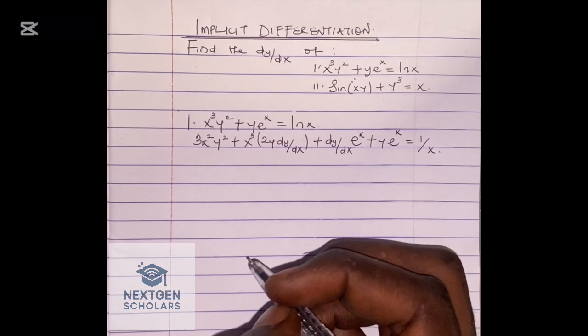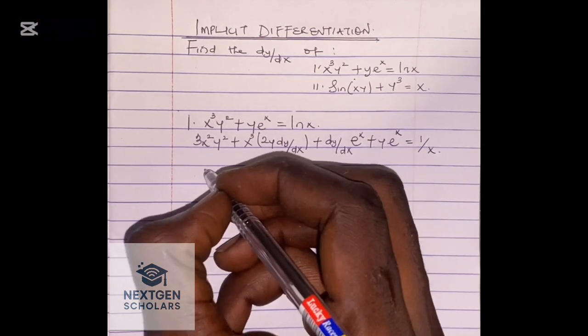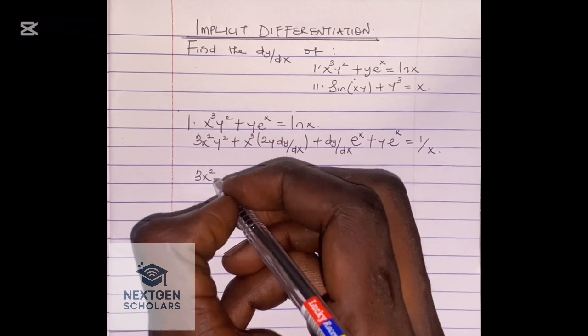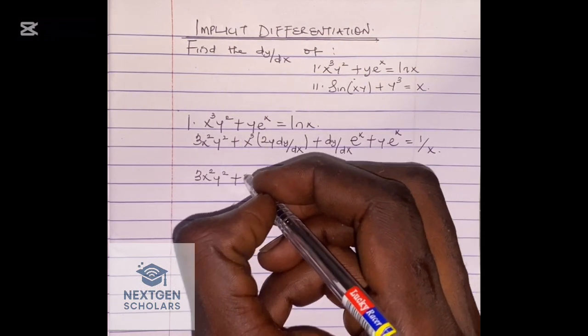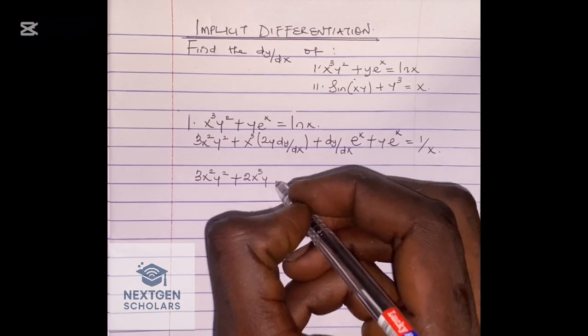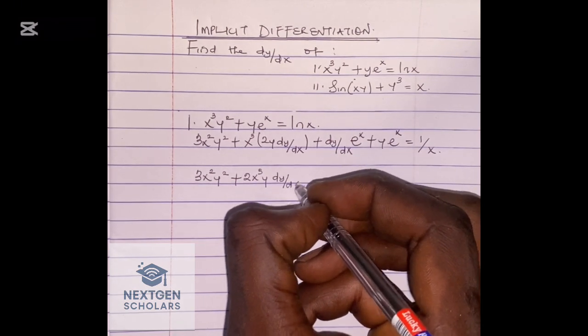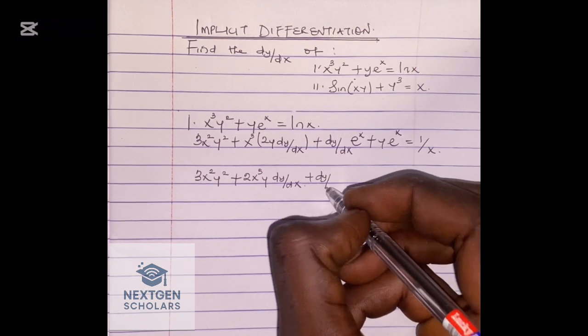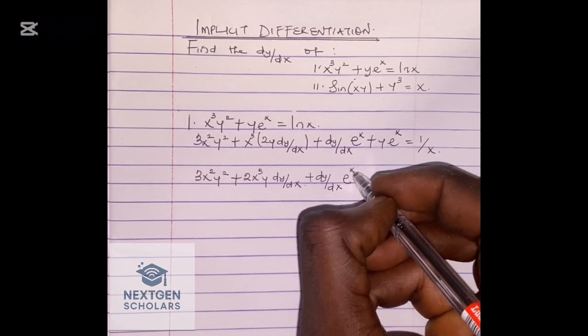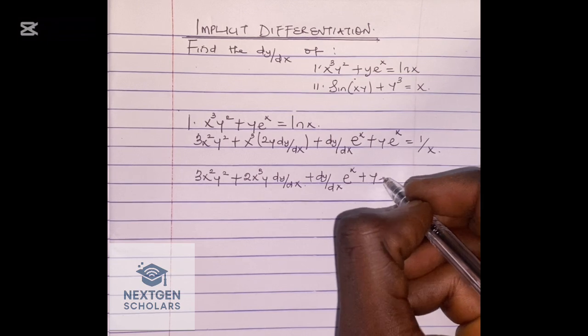So let's clean up here. We have 3x squared y squared, plus this times this will give us 2x cubed y dy dx, plus this will give us dy dx e to the x, and nothing changes here.